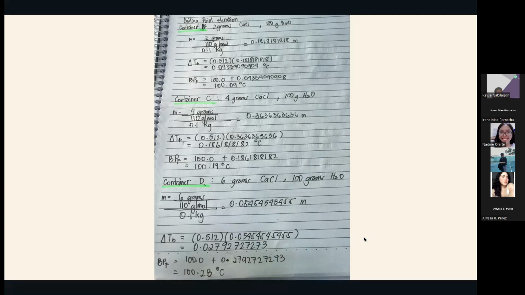And for computing the final boiling point, we are just going to add 100 plus our boiling point elevation, which will give us the answer 100.28 degrees Celsius.